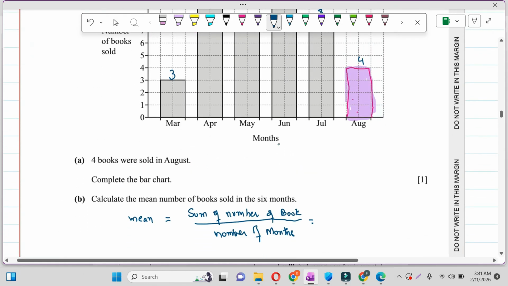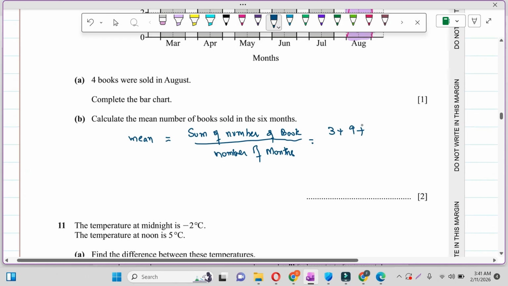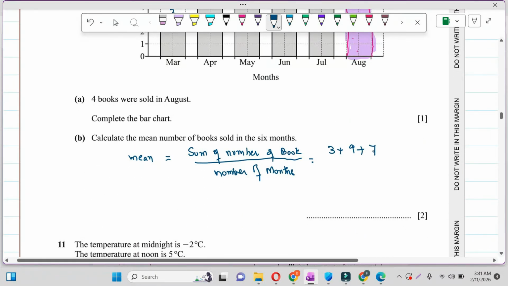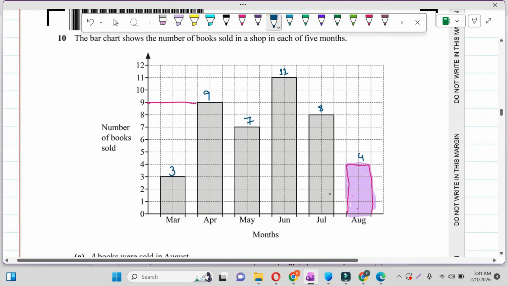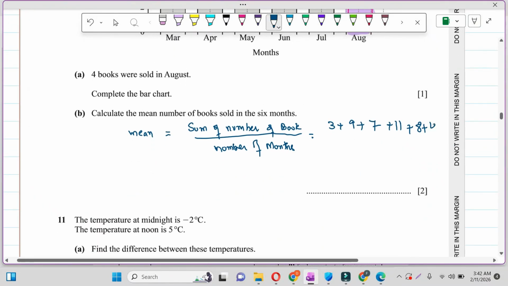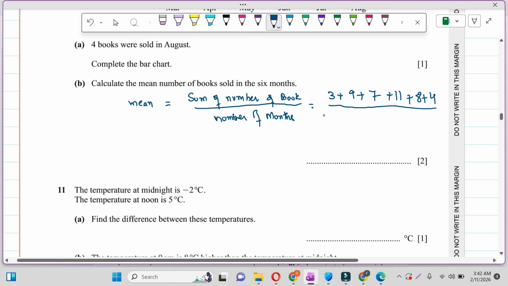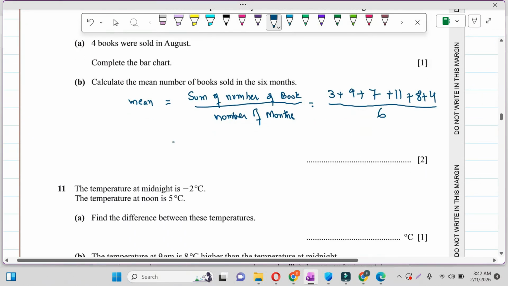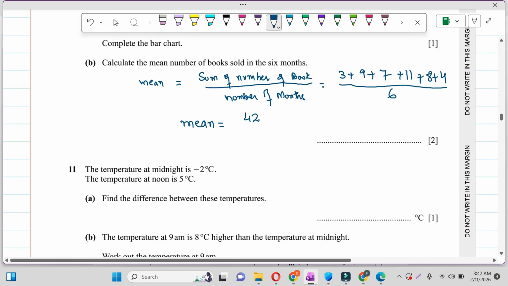So in March there were 3, plus in April 9, in May 7, in June 11, in July 8, and in August 4. So we add up the number of books sold in 6 months divided by the number of months, which is 6. So the mean is equal to, when we add we will have 42 over 6. So this one is equal to 7. So we can say that the mean is 7.